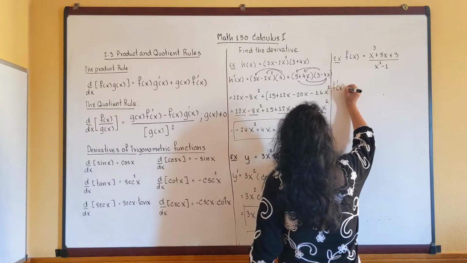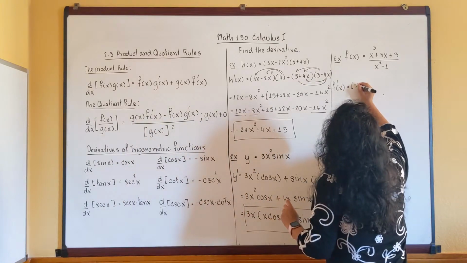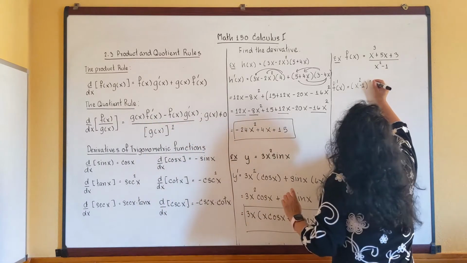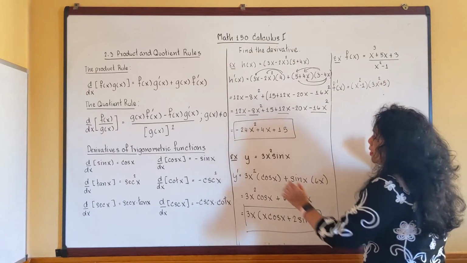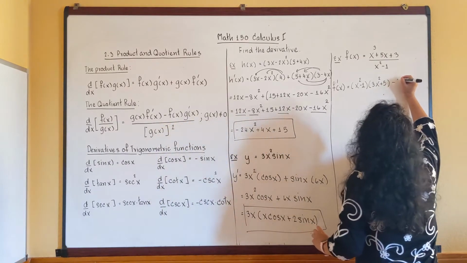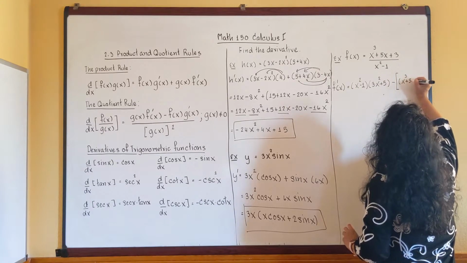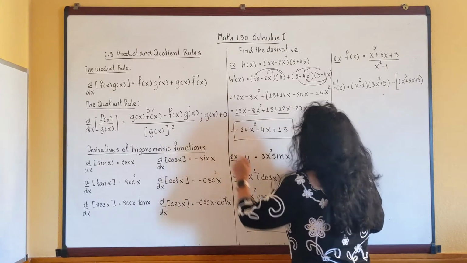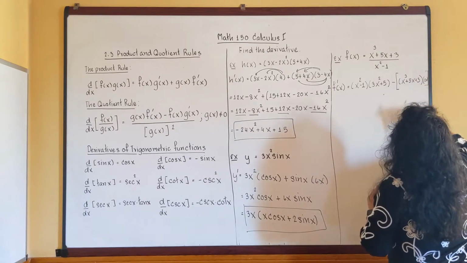The derivative of the function is going to equal the denominator times the derivative of the numerator, which is 3x squared plus 5, minus the numerator times the derivative of the denominator, which is 2x.